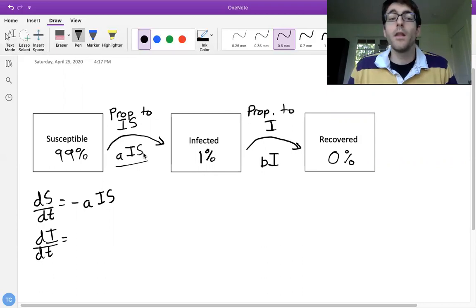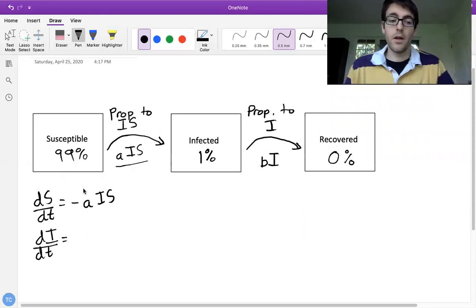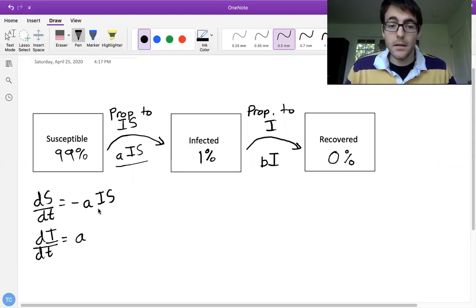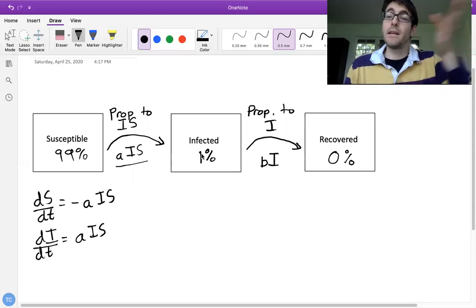And unlike with the susceptible case, our second infected group is going to be increasing at that rate. So people are moving from one group to the other: they're leaving susceptible at a certain rate, and they are entering the infected group at that same rate. Okay, cool. So that's how quickly people are moving into this group.